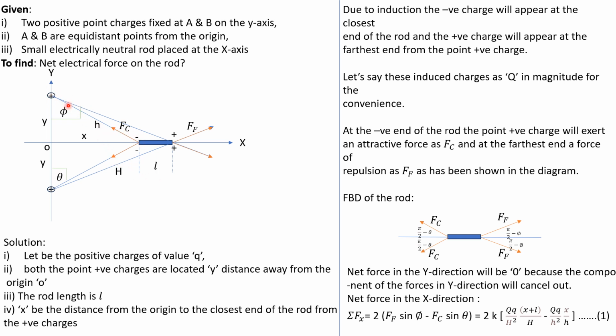Positive charge will attract the negative charge with force Fc. These two forces will be equal in magnitude because the distance from the charge to this rod end is the same.